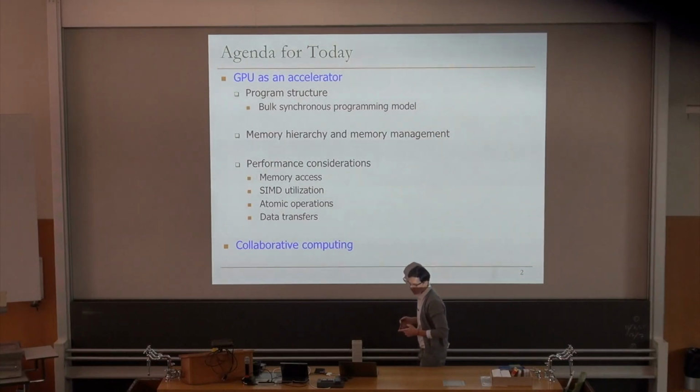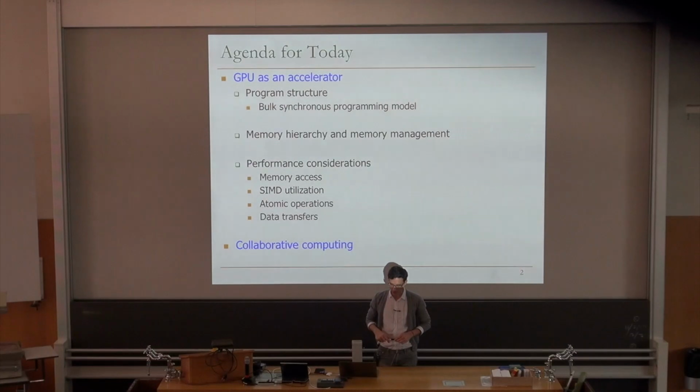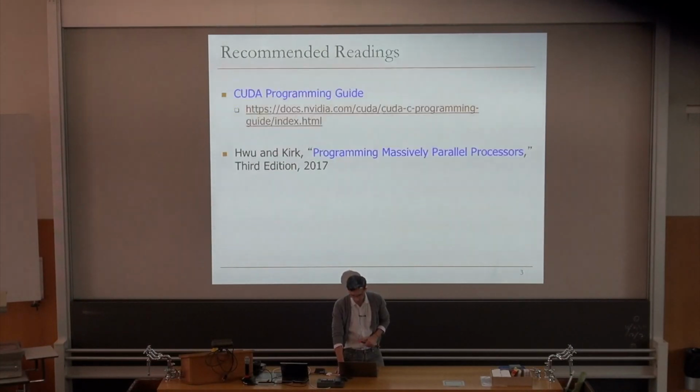And then we will talk about performance considerations. We will see how we can optimize the execution of GPU programs by taking into account certain techniques or optimization mechanisms that we definitely need to use if we want to get the most from the GPU accelerator.